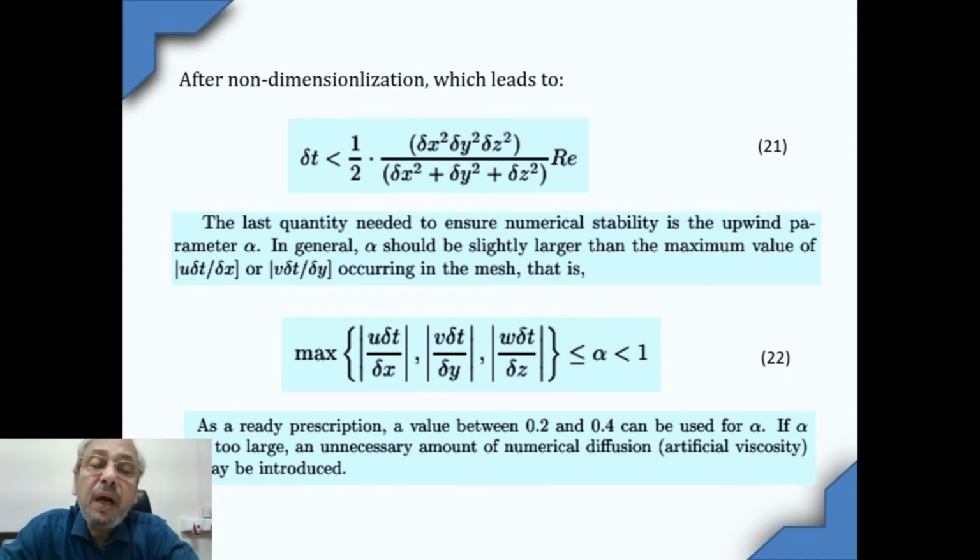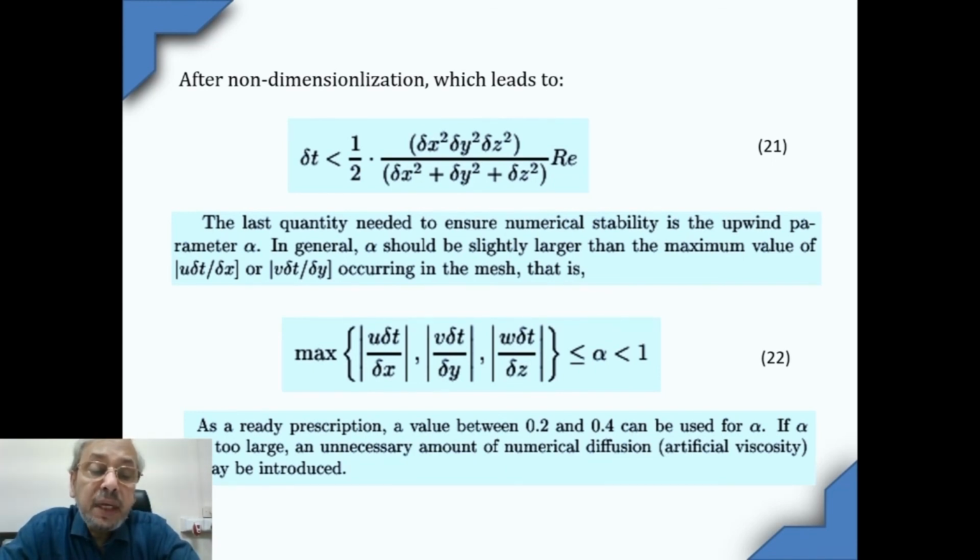In general, alpha should be slightly larger than the maximum value of u delta t by delta x, v delta t by delta y, w delta t by delta z occurring over the whole domain. Whatever value we get, alpha is slightly larger than that but less than 1.